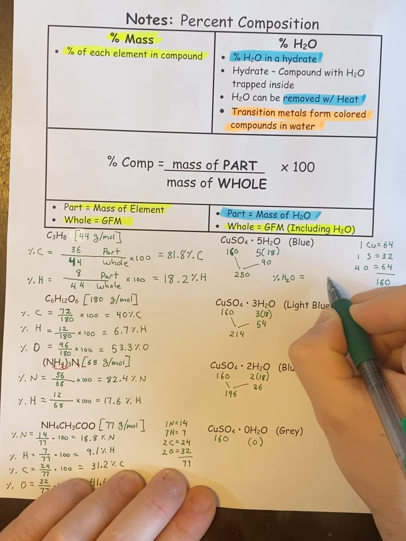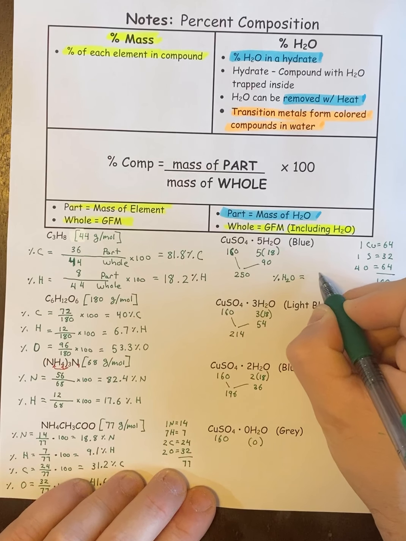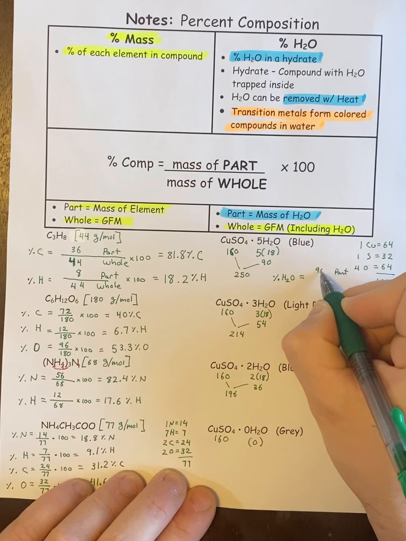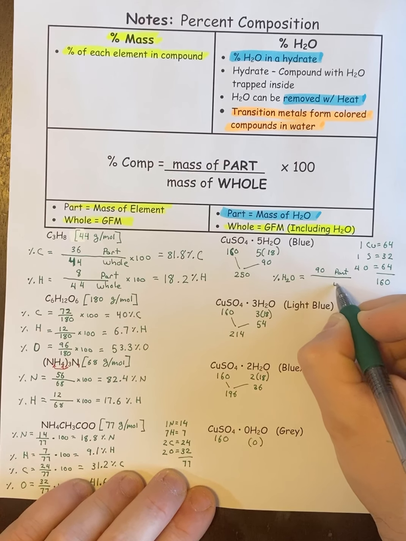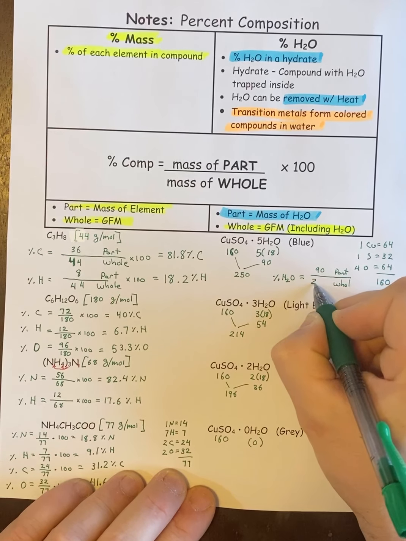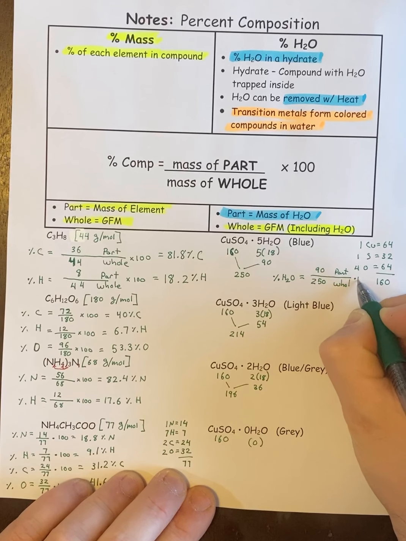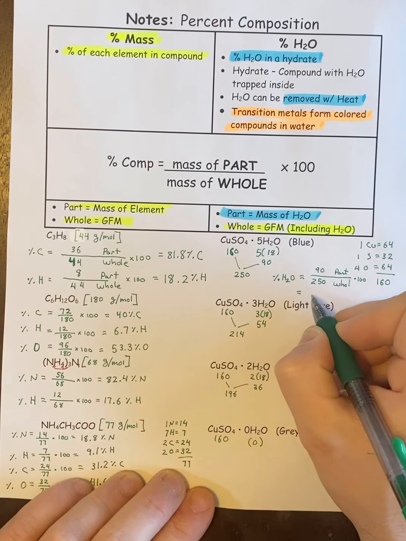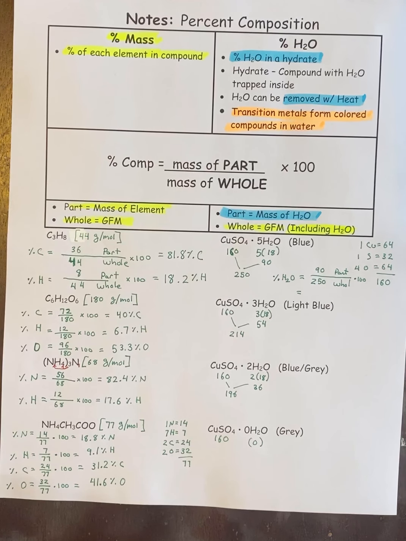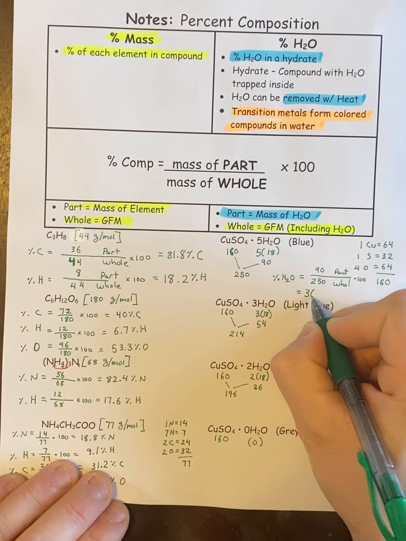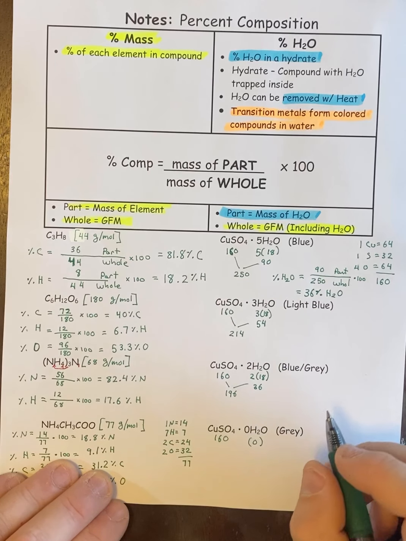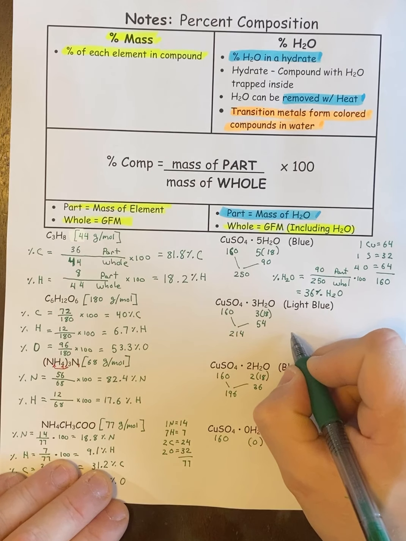Percent water equals the part, which is the water, so 90 over the whole, which is 250, times 100, so that's going to equal 36% water. Okay, next one.